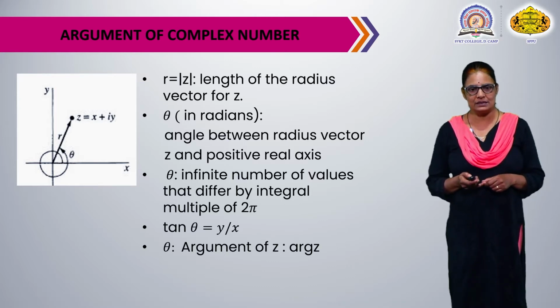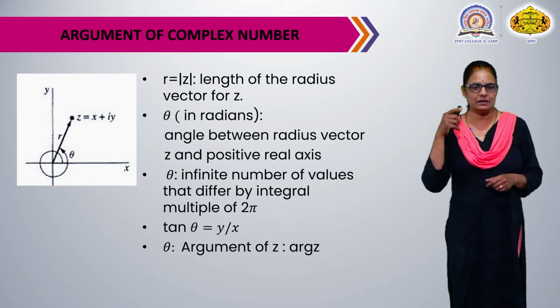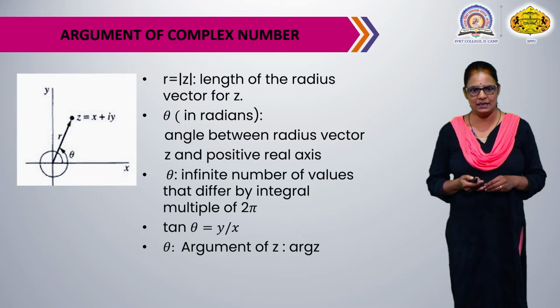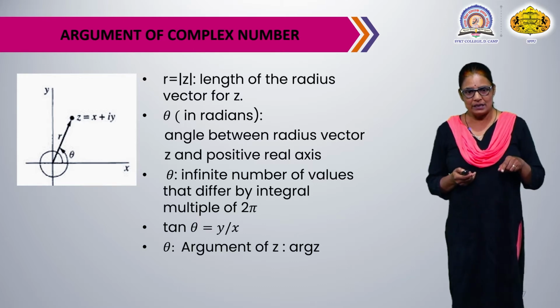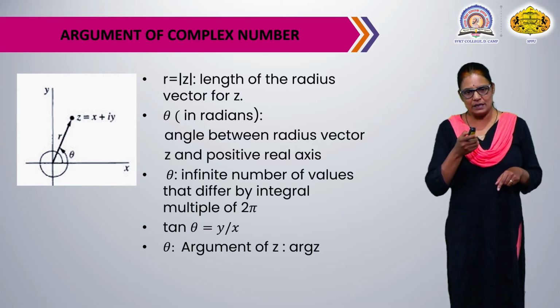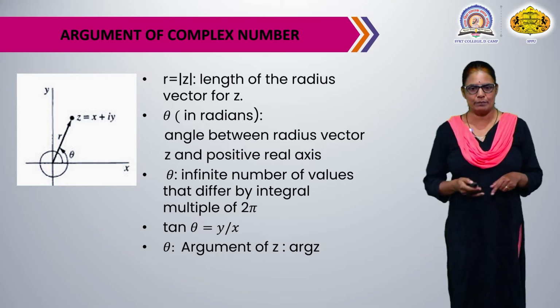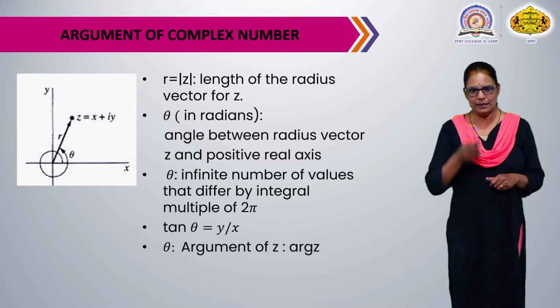Now see here theta. The angle between the real axis, that is the x axis, and the vector z is theta, but if we complete one circle again, then we get infinitely many values.